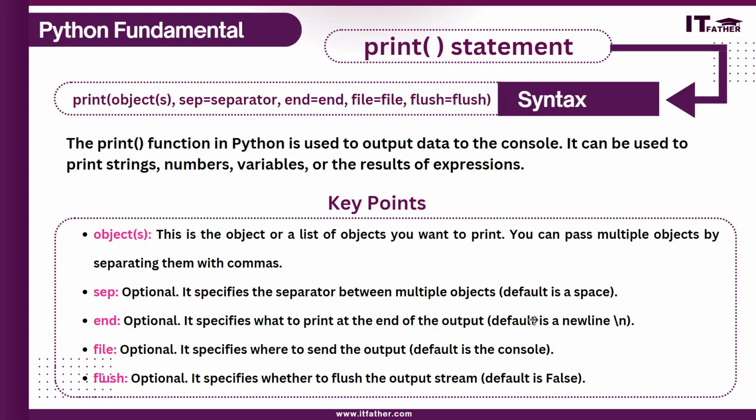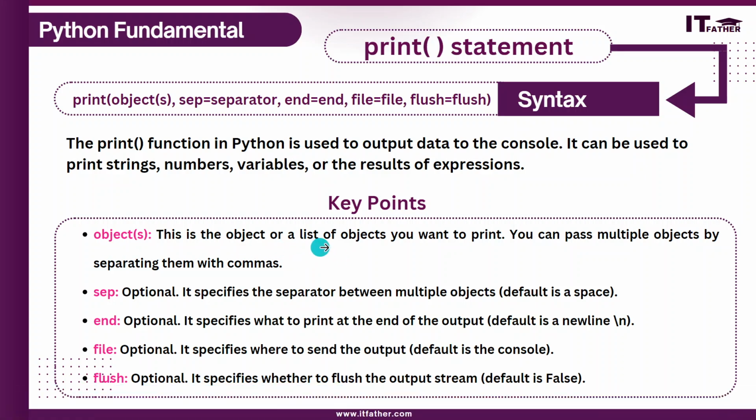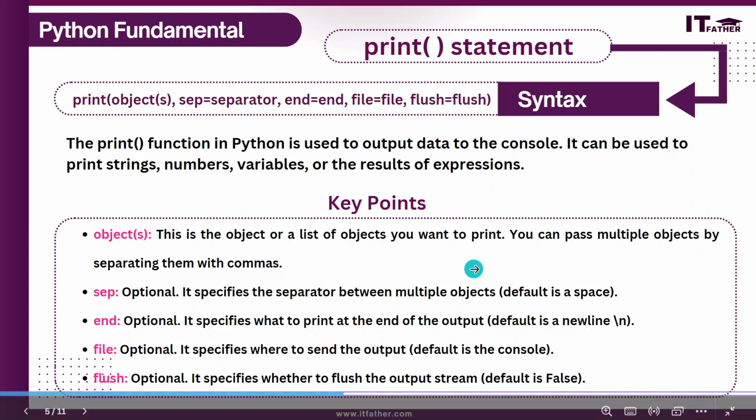But you can divert that output to a file also, depending on your requirement. So what is an object? This is an object or a list of objects which you want to print. You can pass multiple objects by separating them with commas. Now what is the separator? This is optional, and flush. Let us understand one by one with the help of programming examples.